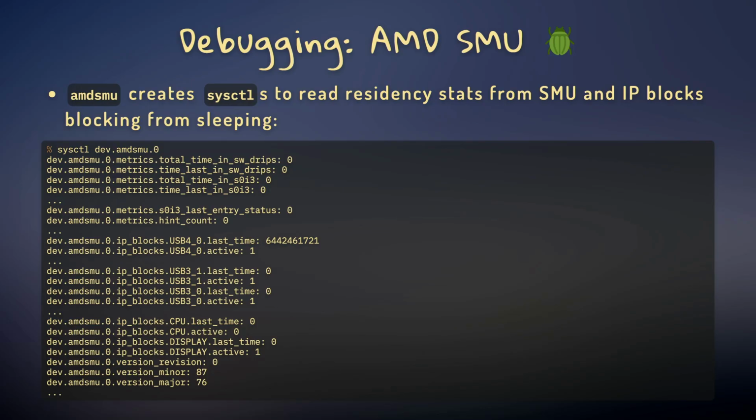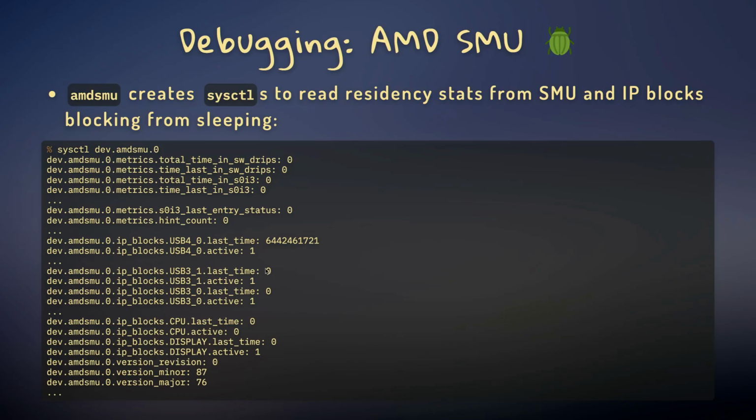The driver I wrote creates sysctls with these residency stats. This is the output if we haven't gone to sleep yet on the system. Everything is predictably 0, except for USB 4.0, which always seems to contain junk for some reason.